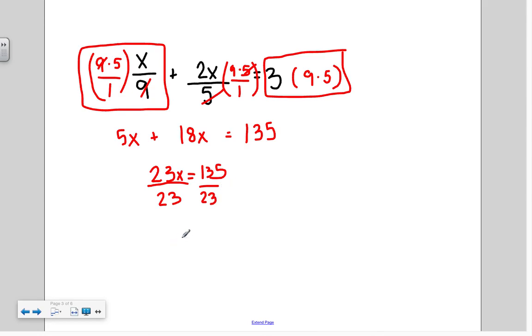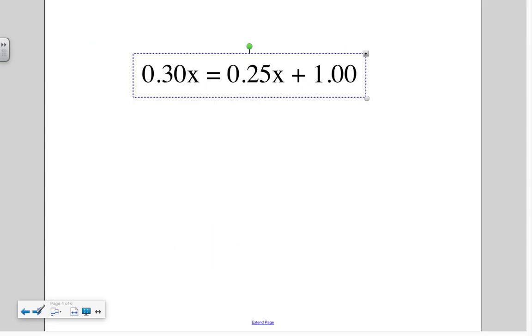And I get x is equal to 135 over 23. Doesn't give me a very nice fraction, or a decimal when I divide it out, so I'm just going to leave it as a fraction, and I can't simplify it at all, so there it is.